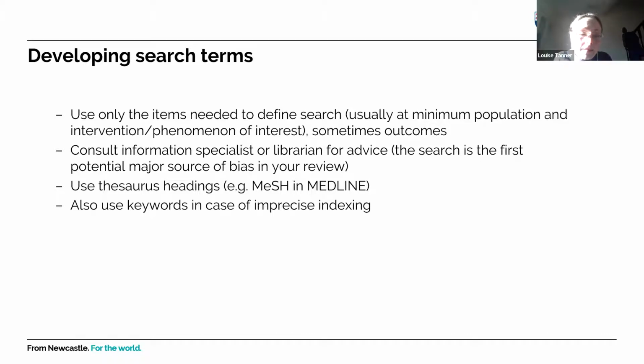So MESH headings are a useful way to search for relevant studies, but it's a good idea to use a combination of keywords and MESH headings, just in case the person who has indexed a particular journal article on Medline has done it incorrectly and has missed off a relevant MESH heading. I'm just trying to think of an example.